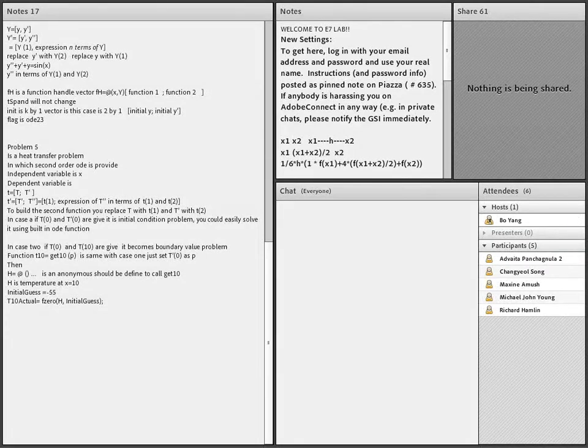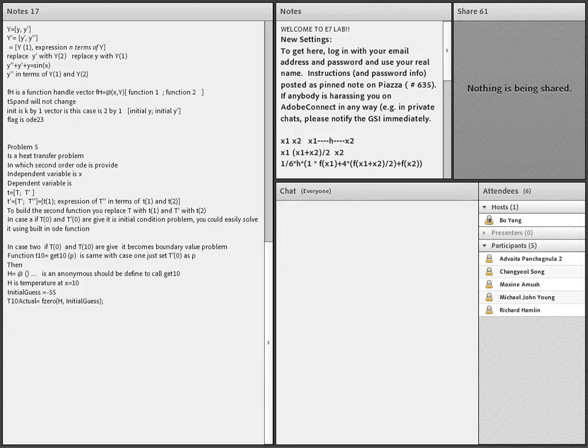Then we call this function in another M file, with h as the variable. So it is an anonymous function, and the output of this anonymous function is the temperature at x equals 10. What we should do is give an initial guess and use the fzero function to solve this problem.